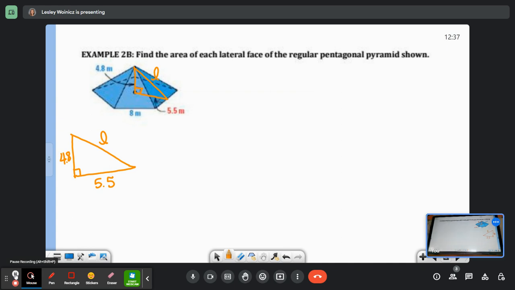All right, this looks ready for the Pythagorean theorem to me. 4.8 squared plus 5.5 squared equals my L squared. I don't know what that is, so I'm going to use the calculator. Okay, I'm getting 53.29.